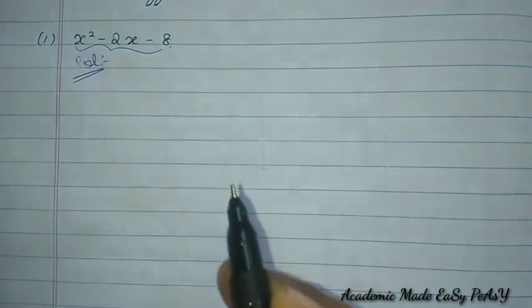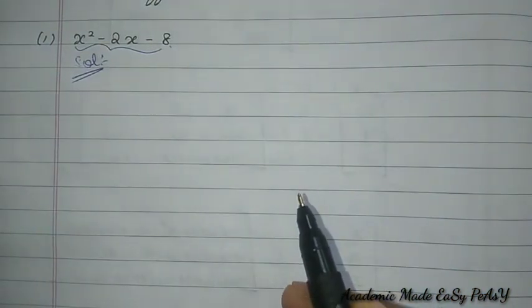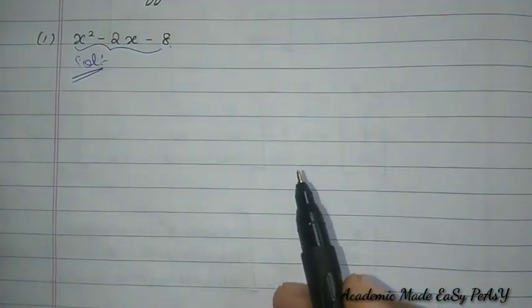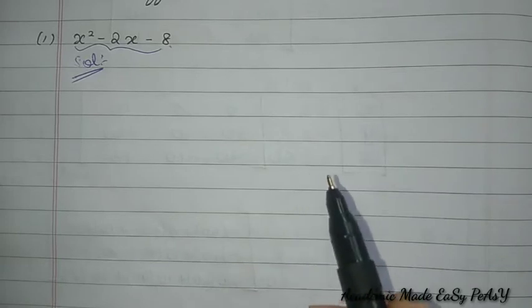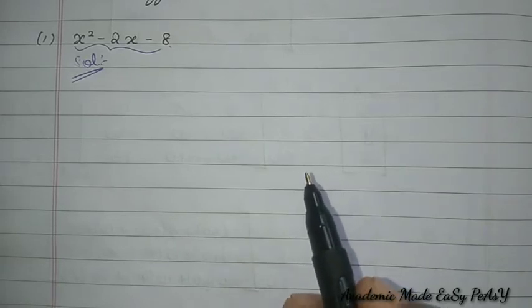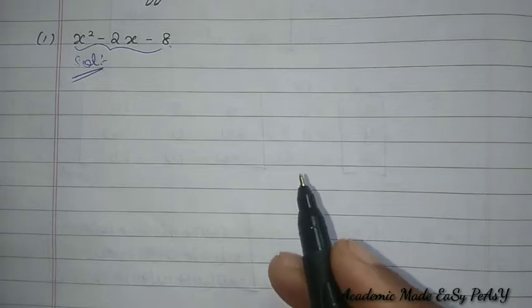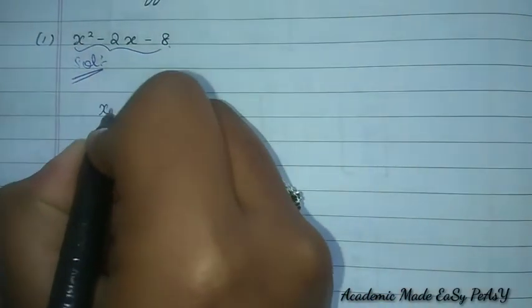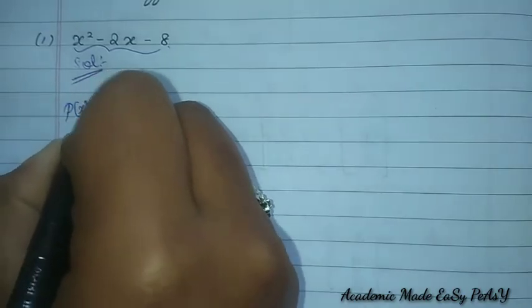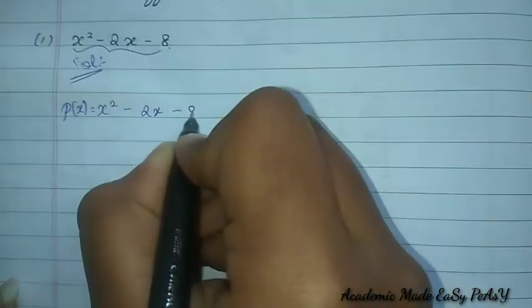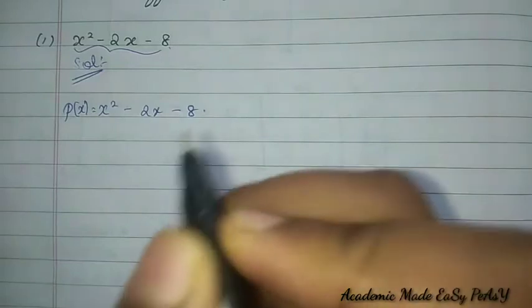In order to find the zeros, we will be using the factorization method. This method we have already learnt in class 9, so this will be easy for us, and I will just explain it once more. Let x square minus 2x minus 8 be p of x. This is the given polynomial.